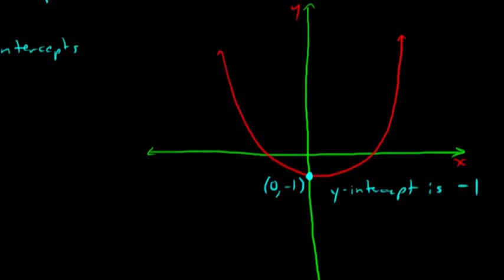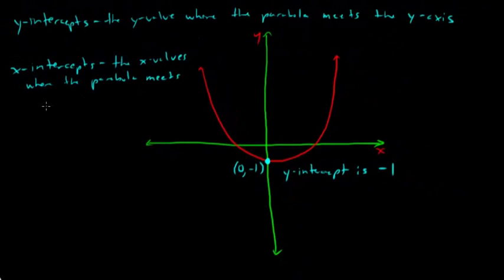The x-intercepts, as you can probably guess, are the x values where the parabola meets the x-axis.